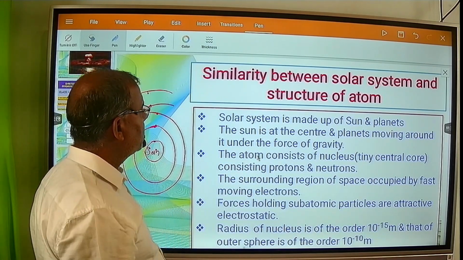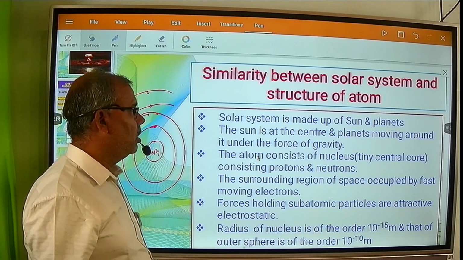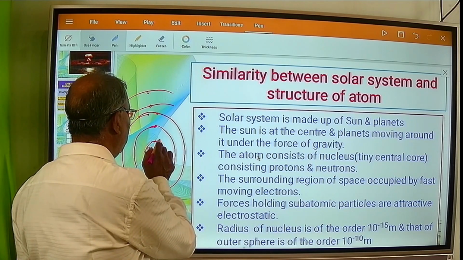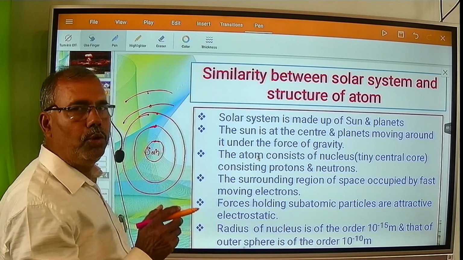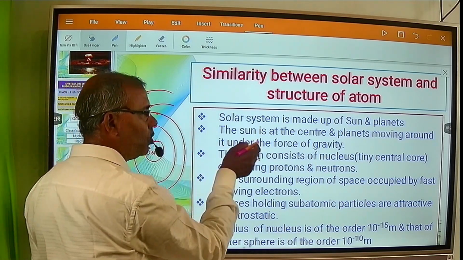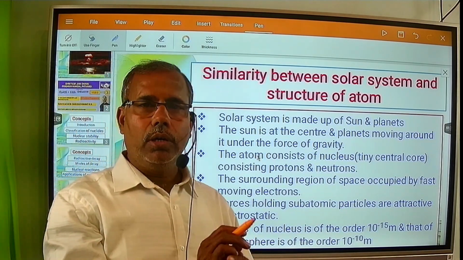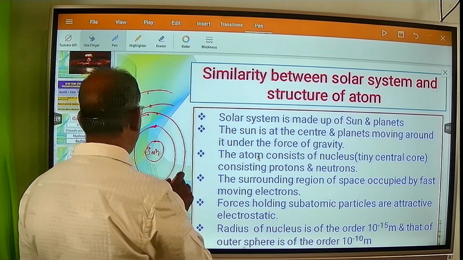Then the sun is at the center and the planets move around it under the force of gravity. So the sun is at the center and the planets are revolving around the sun due to gravity. There is a force of gravity between the planets and the sun, so they are revolving around the sun.